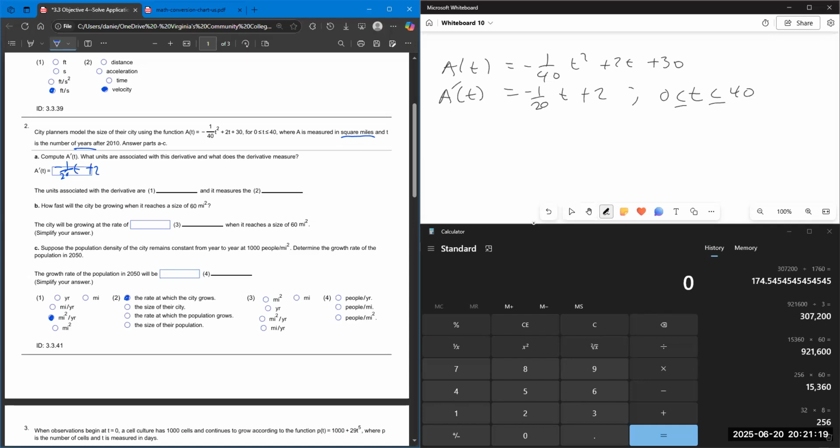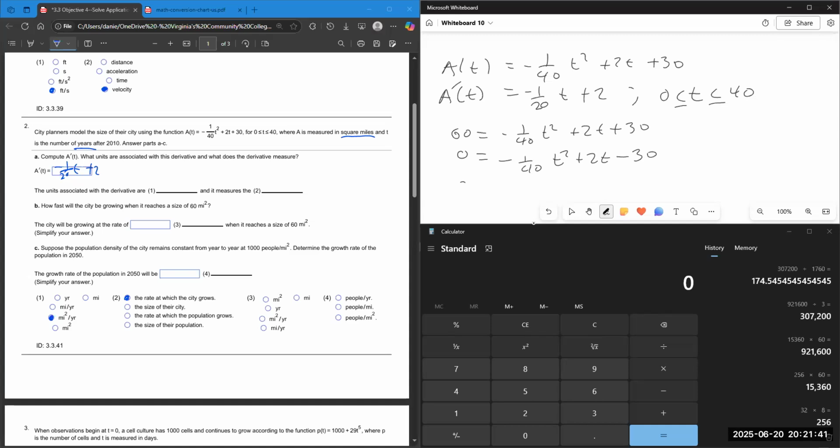So how fast will the city be growing when the city is 60 square miles? 60 is equal to -1/40 t squared plus 2t plus 30. 0 equals -1/40 t squared plus 2t minus 30.